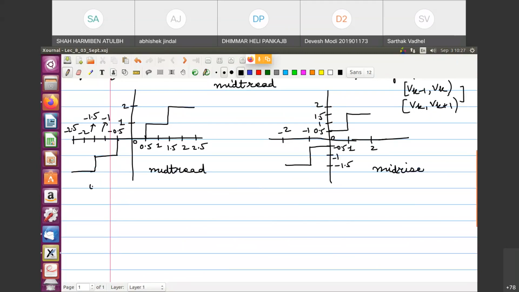So in this case the origin lies in the middle of the tread of the staircase diagram.